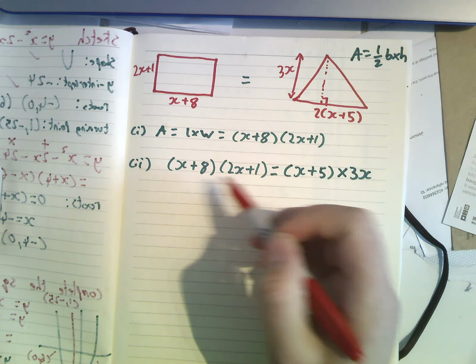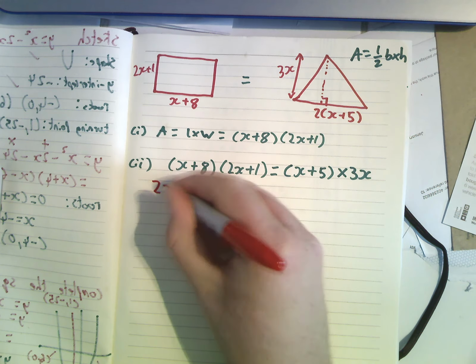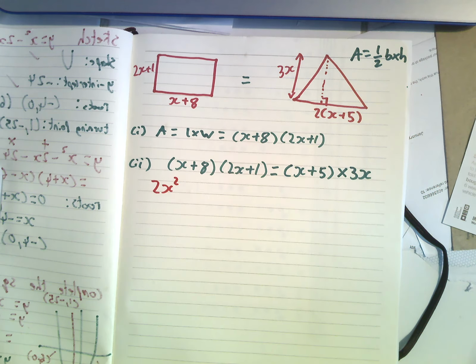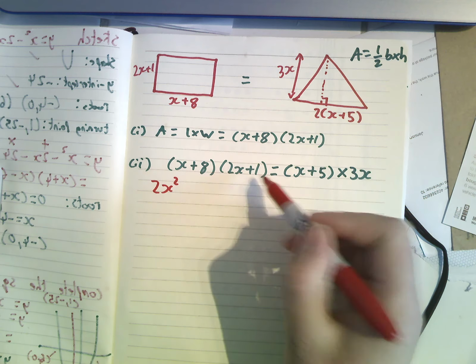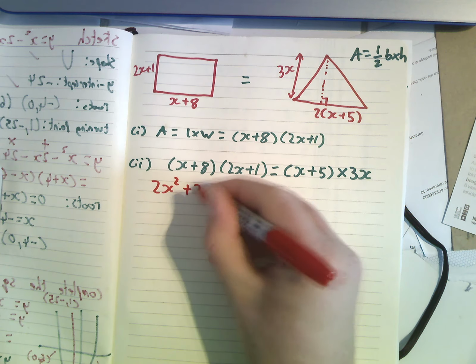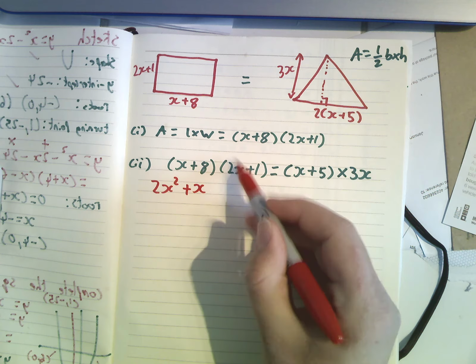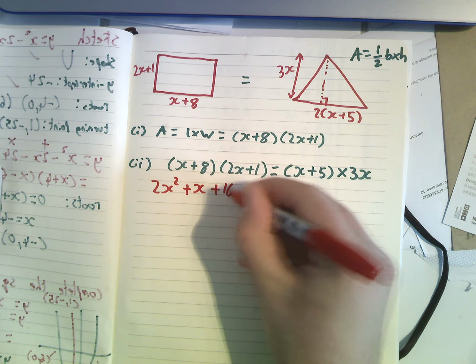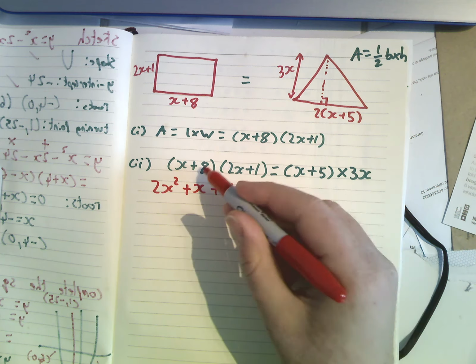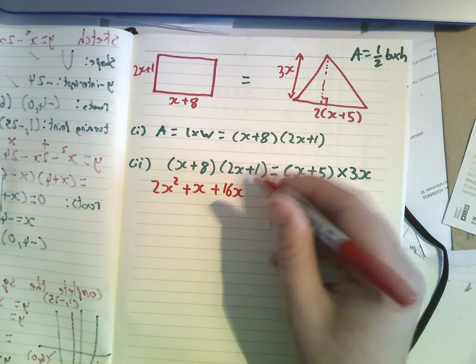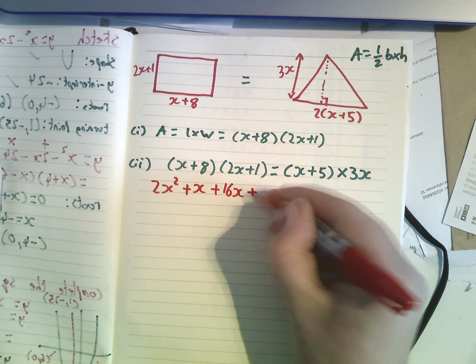So x times 2x would be 2x squared. X times 1 is x. 8 times 2x is 16x. And 8 times 1 will just be 8.